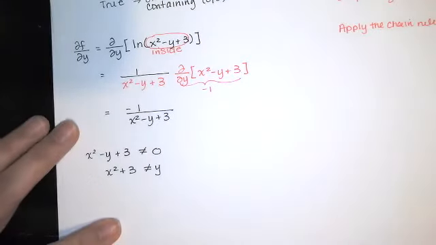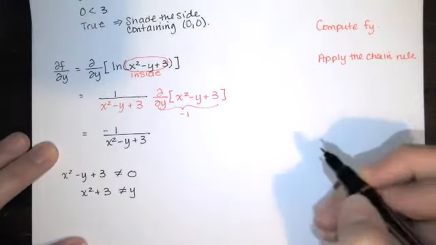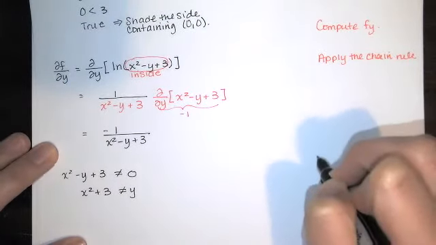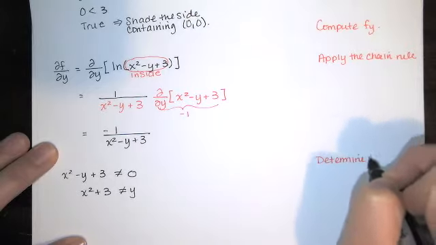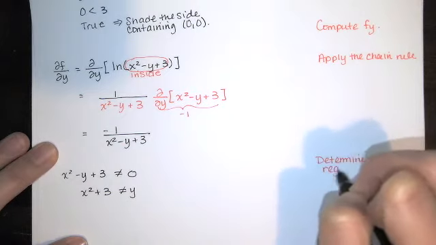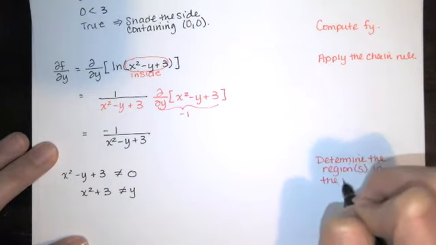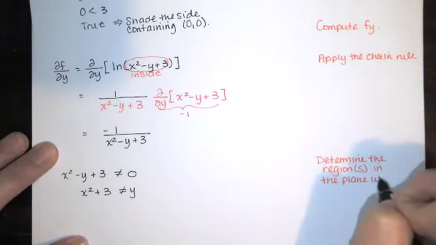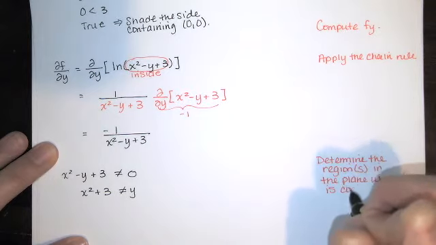So let's write down what we did. We computed the partial of f with respect to y, and then we determined the region or regions in the plane where the partial of f with respect to y is continuous.